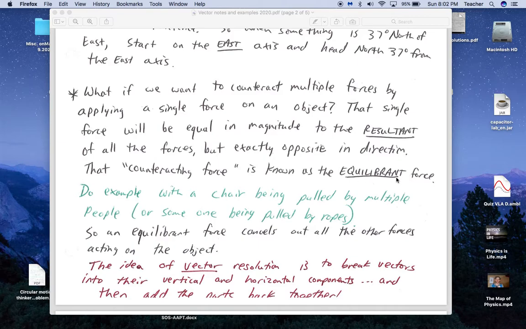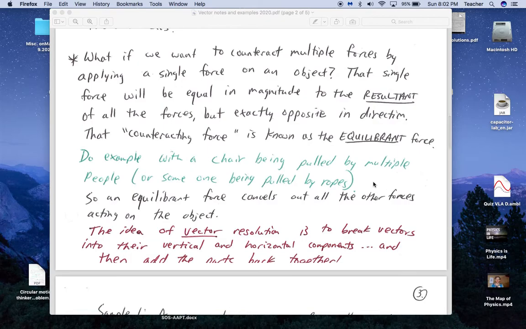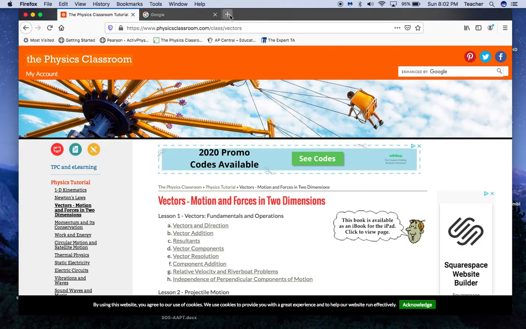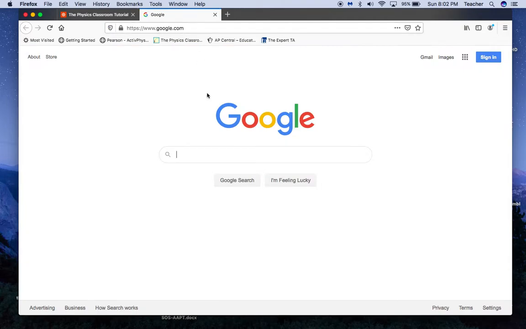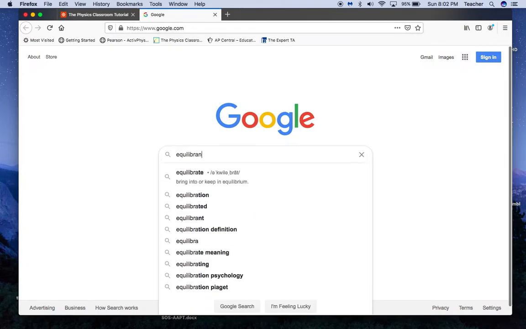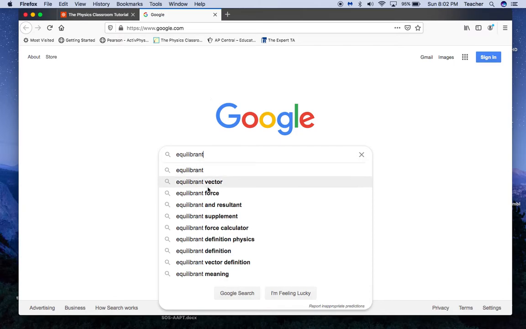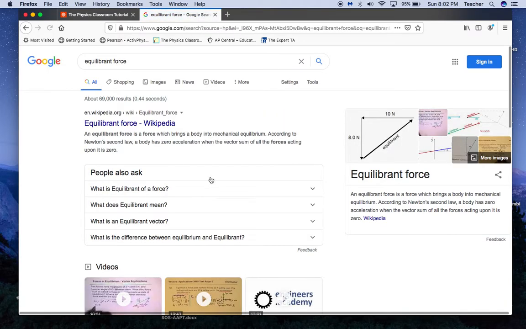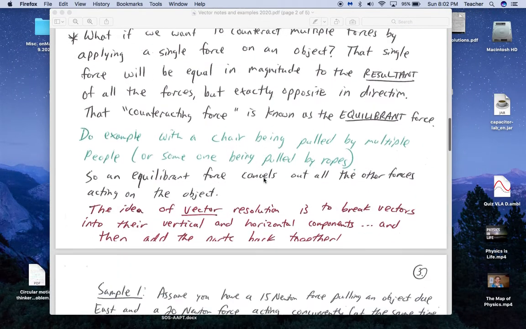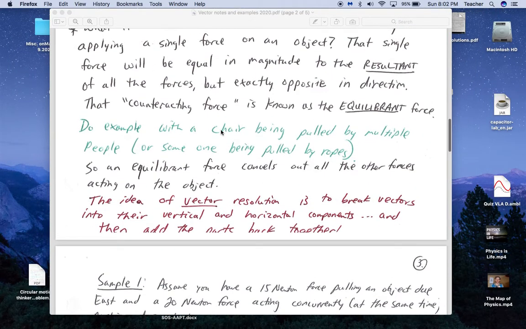Sometimes I call it equilibrant. I don't know why I want to verbally put an I in there, but I think it's called an equilibrant force. And again, if you go online and look it up, it talks about being able to bring something into equilibrium or balance, which is exactly what an equilibrant force does.